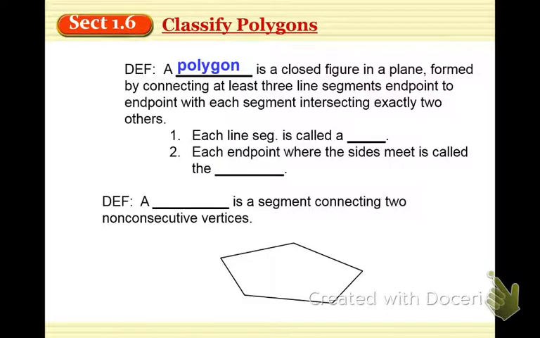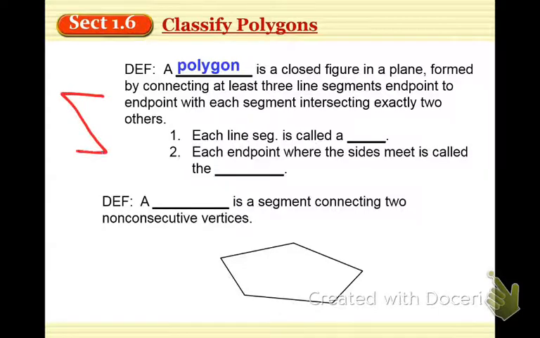It's a closed figure formed by connecting at least 3 line segments. So the polygon with the fewest sides is going to be a what? Triangle. Endpoint to endpoint with each segment intersecting exactly 2 others. By intersecting exactly 2 others, that means, let's do another counterexample.